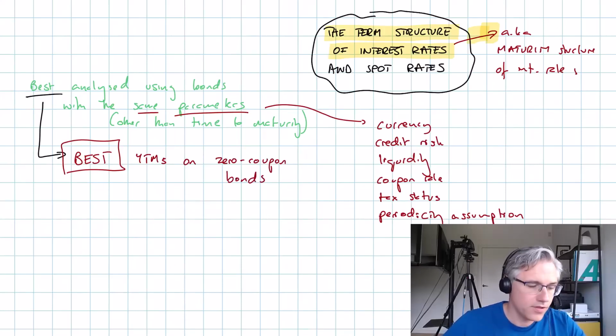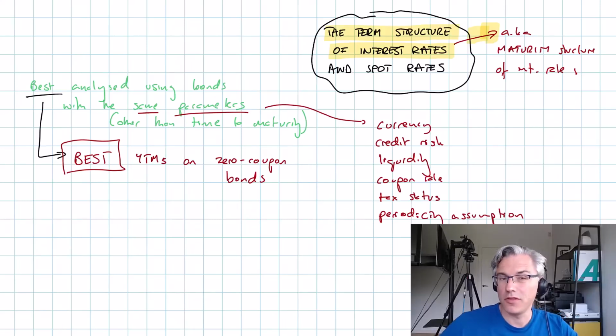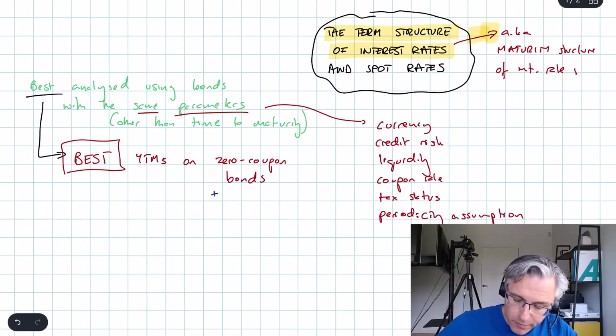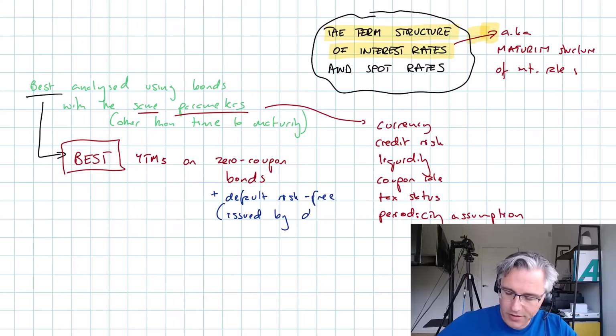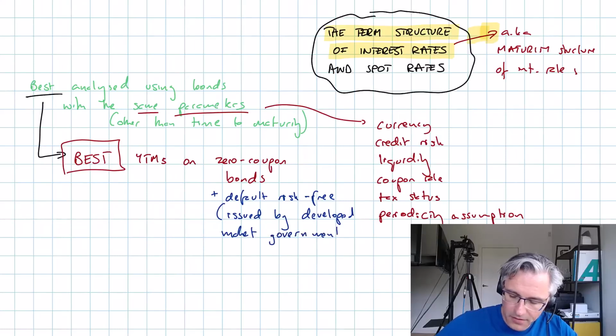If you can get your hands on a set of yields to maturity for zero coupon bonds, that's going to be the best thing, and preferably make them default risk free, meaning issued by a developed market government. That would be the best thing you can get your hands on.